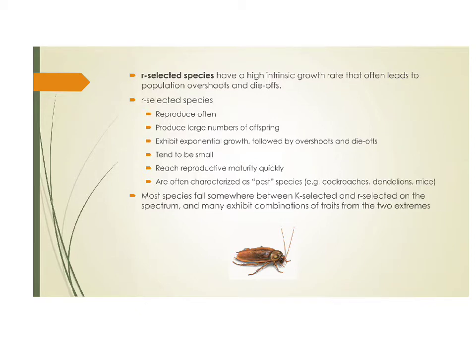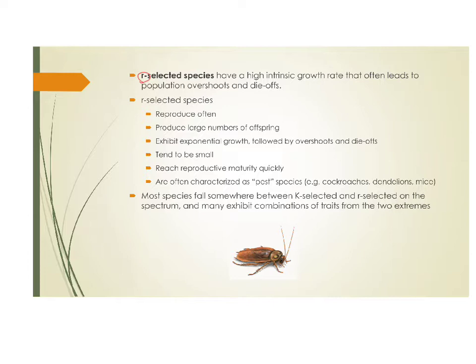Opposite of K-selected species are r-selected species, and these guys have a high intrinsic growth rate that often leads to population overshoots and die-offs. So these guys are growing rapidly, and again, that lowercase r actually refers to the intrinsic growth rate that we talked about before. r-selected species reproduce often.